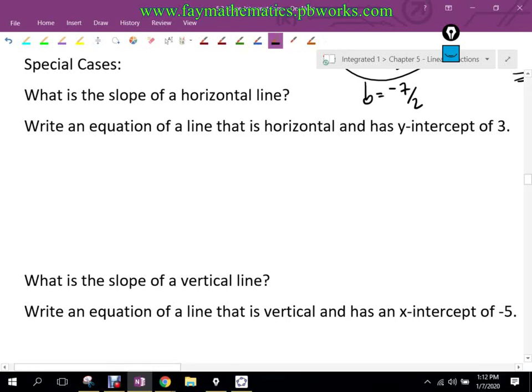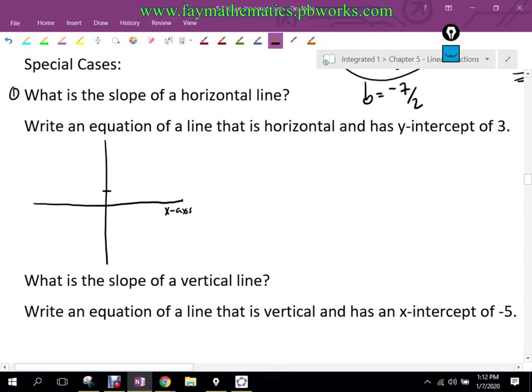So let me just draw a graph here real quick. Would you guys agree the x-axis is horizontal? And actually, let's answer this question first. It says, what is the slope of a horizontal line?